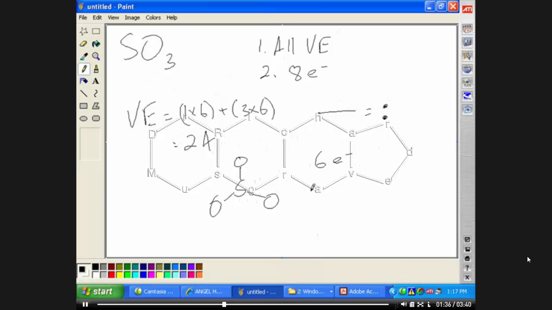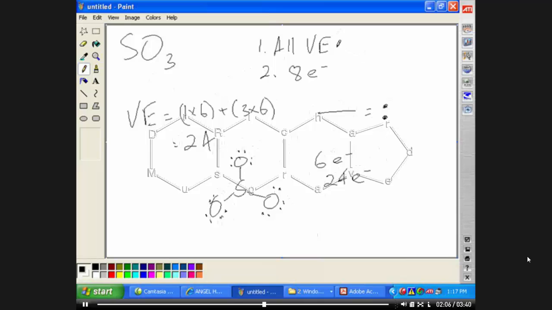Now the next thing I want to do is make sure that each of the oxygens, the outer elements, now get 8 electrons. Now to do that I'm going to add 6 to each. And now I have used a total of, let's see, 24 electrons.